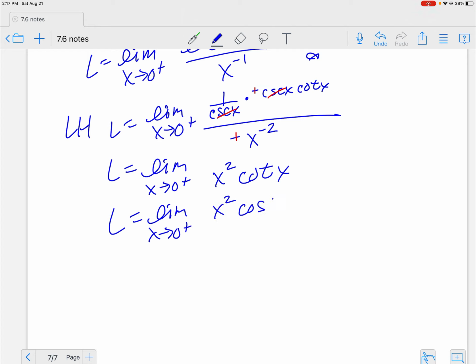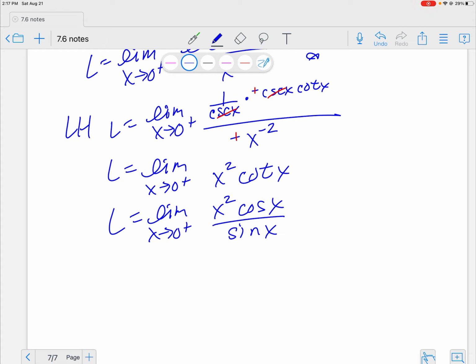So I've got x squared times the cosine of x over the sine of x. Anything looking good there? You can, yes. So here's the deal. Now that I have this, yes, this would be 0 times 1 over 0. So that would give you 0 over 0, and you just keep going with a whole bunch of trig.